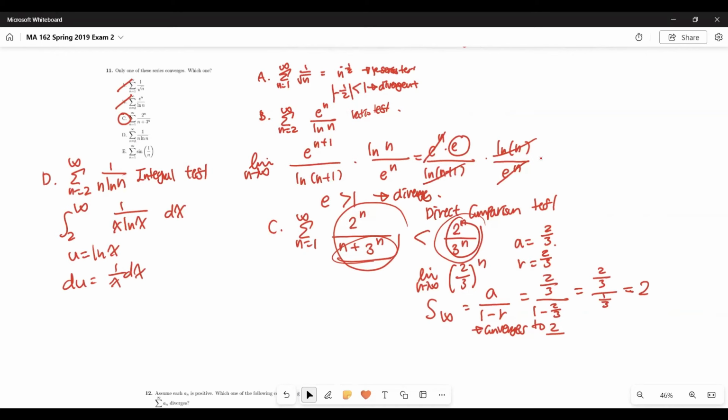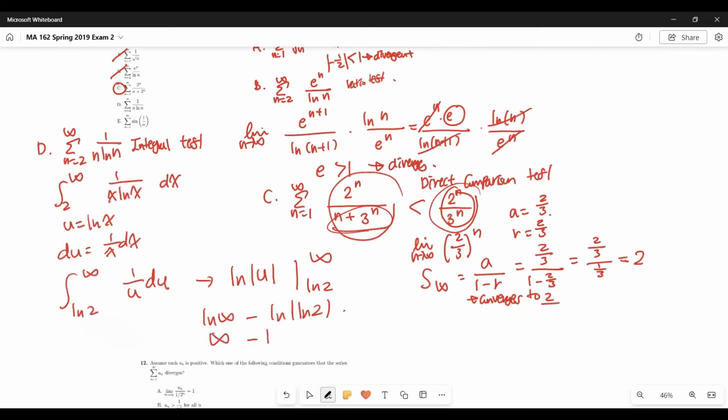So we found everything, right? This becomes the integral from ln 2 to infinity of 1 over u du. So this becomes the absolute value of ln u from ln 2 to infinity, ln infinity minus ln 2. This is just going to be infinity minus ln 2. Infinity minus something small is just going to be infinity anyway. So this one diverges, so this is not right.